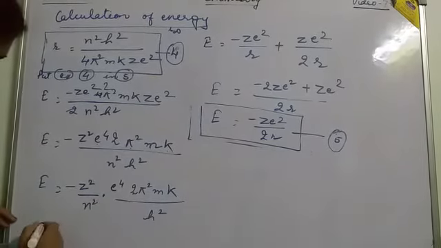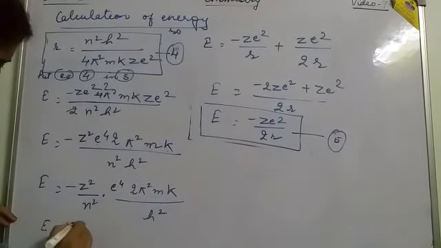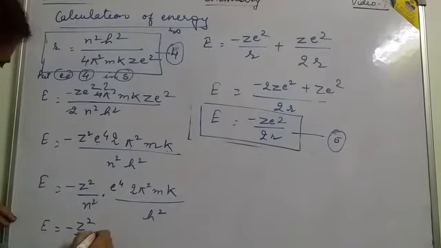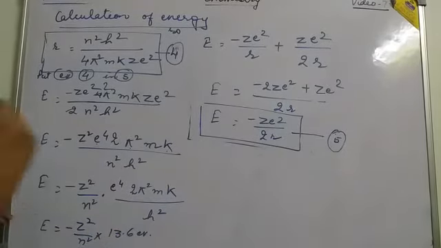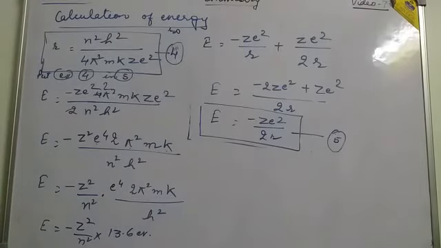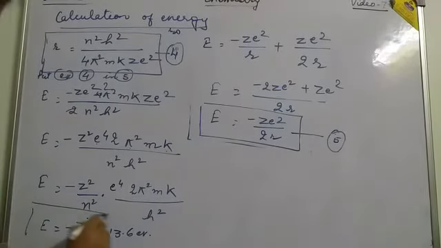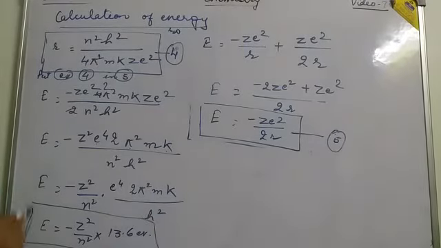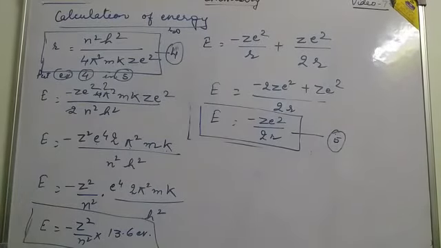The value of this is E equal to minus Z square by n square into 13.6 electron volt. So this is the energy of an electron in the nth shell.